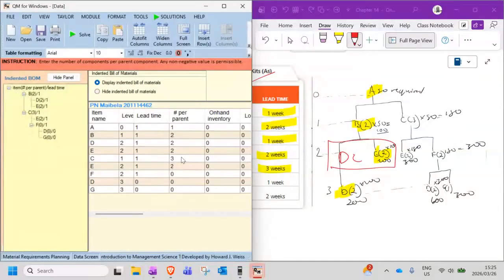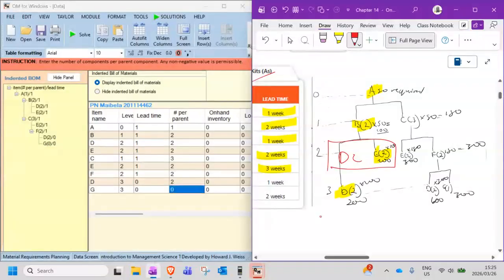Per parent for F under C we have 2. Per parent D under F we have 2. Then G is 1. Then now we need to look at the per parent. No, that's 1. I thought you did it 1.